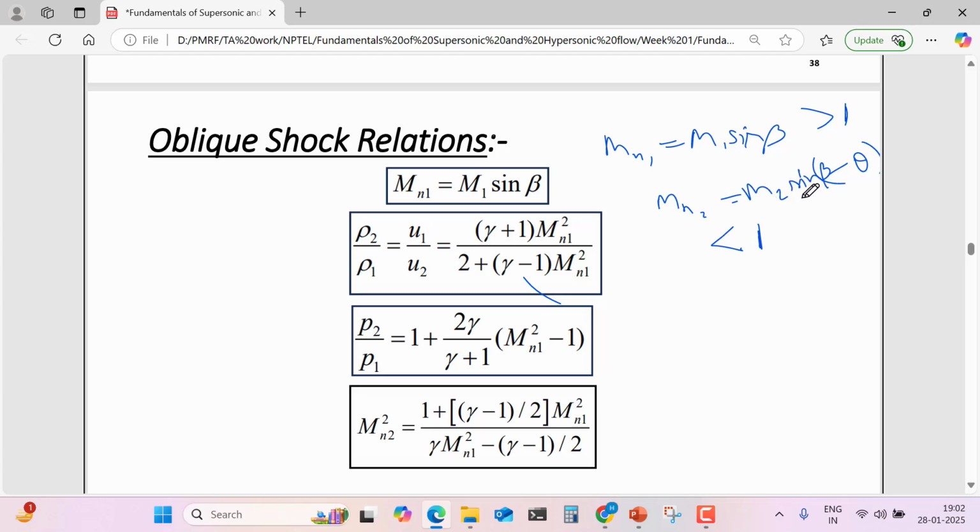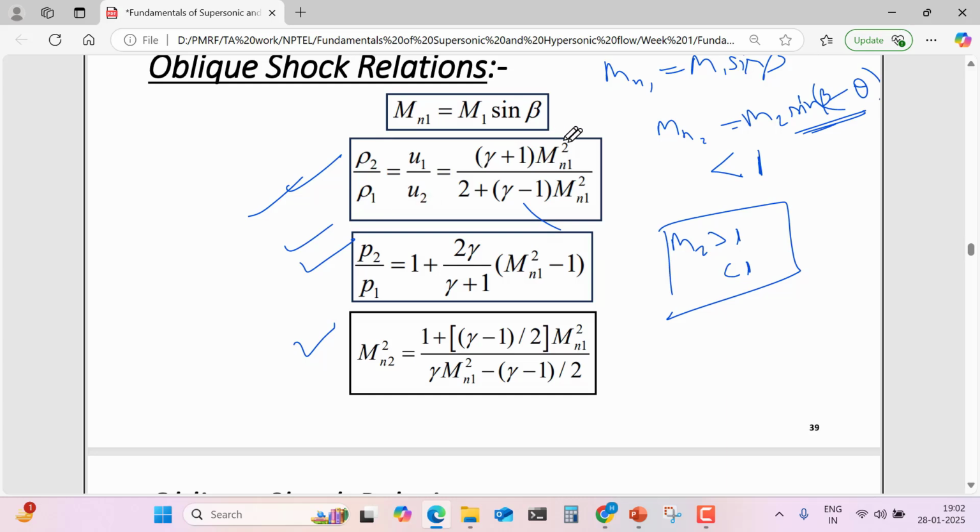But as sine (beta minus theta) is less than 1, M2 can be greater than 1 or less than 1, both. So similar to the normal shock, we also get rho 2 by rho 1, P2 by P1 and Mn2 square. If you see the equations carefully, they are the same as the normal shock, only M1 is substituted by Mn1 in both equations.